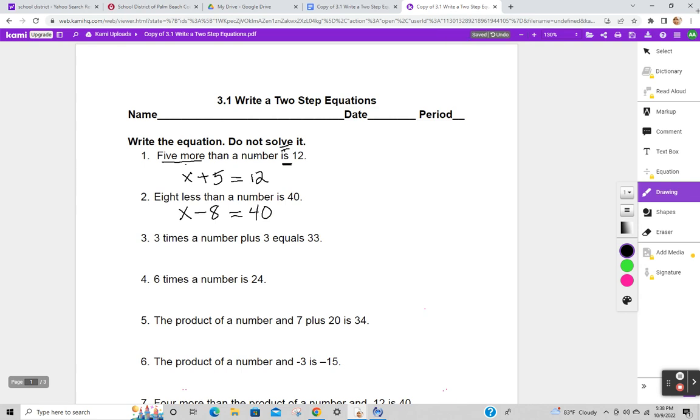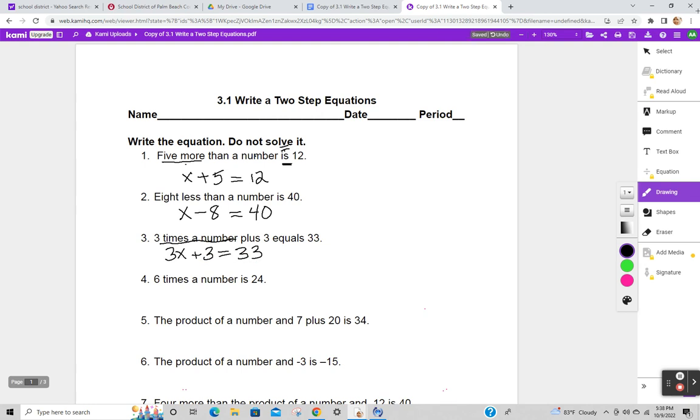Let's keep going. 3 times a number plus 3 equals 33. So if we take some number and we multiply it by 3, that's what that means, 3 times a number. So that's what we have, 3 times a number plus 3, add 3, that will be equal to 33. We're not solving these equations, we're just going to write them out.